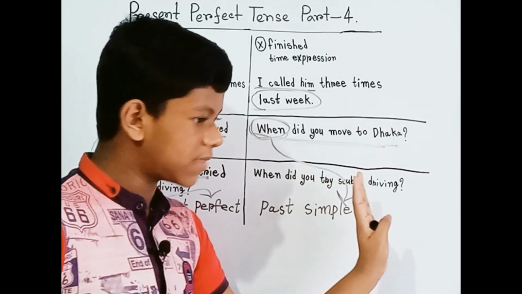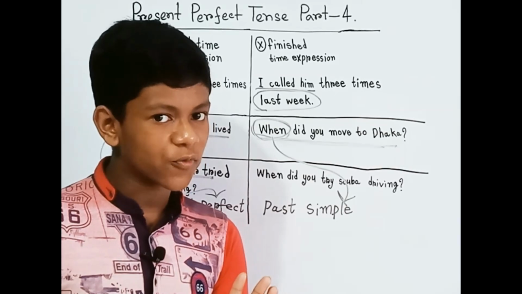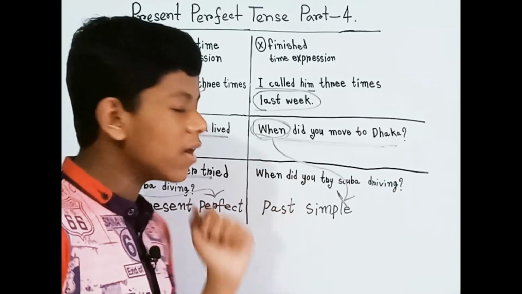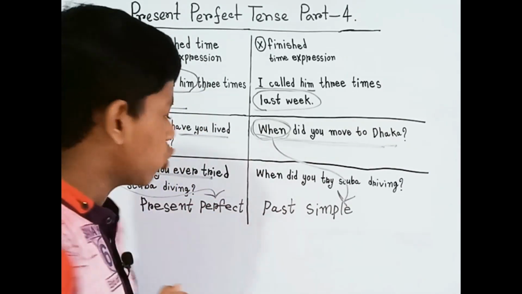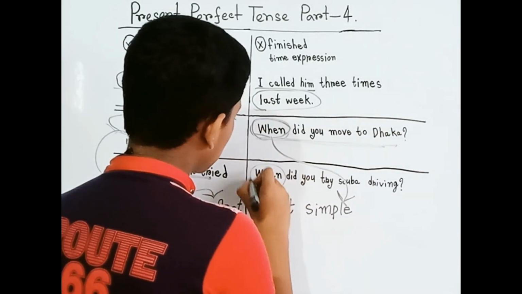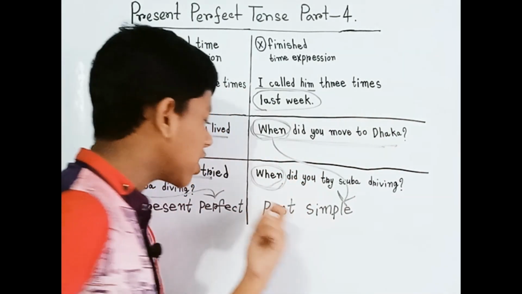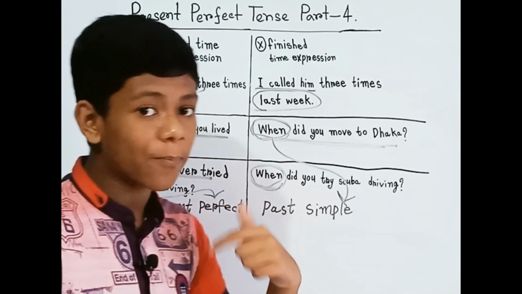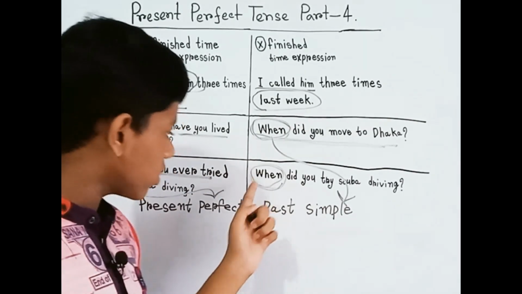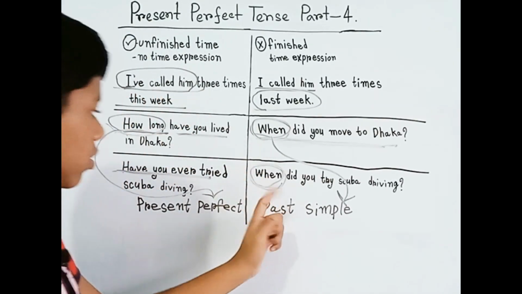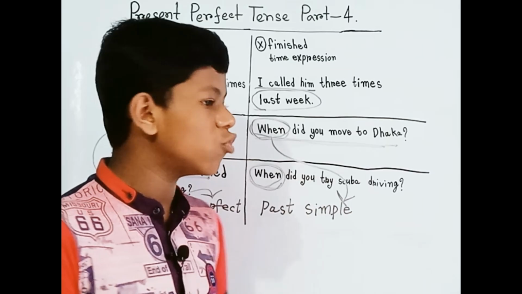But with when, you have to use the past simple. When we use the word when, we can't use the present perfect; we have to use the past simple. Look at this: when did you try scuba diving?